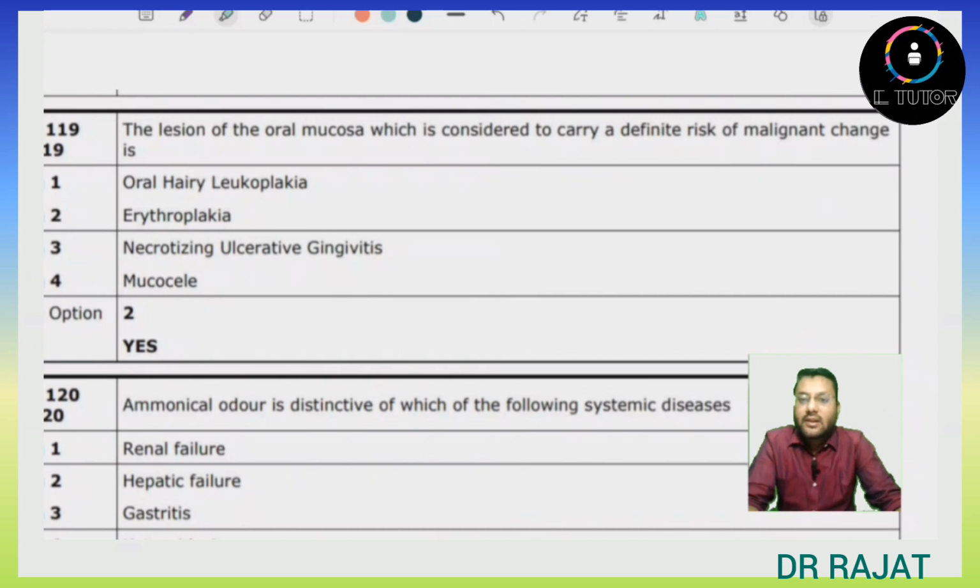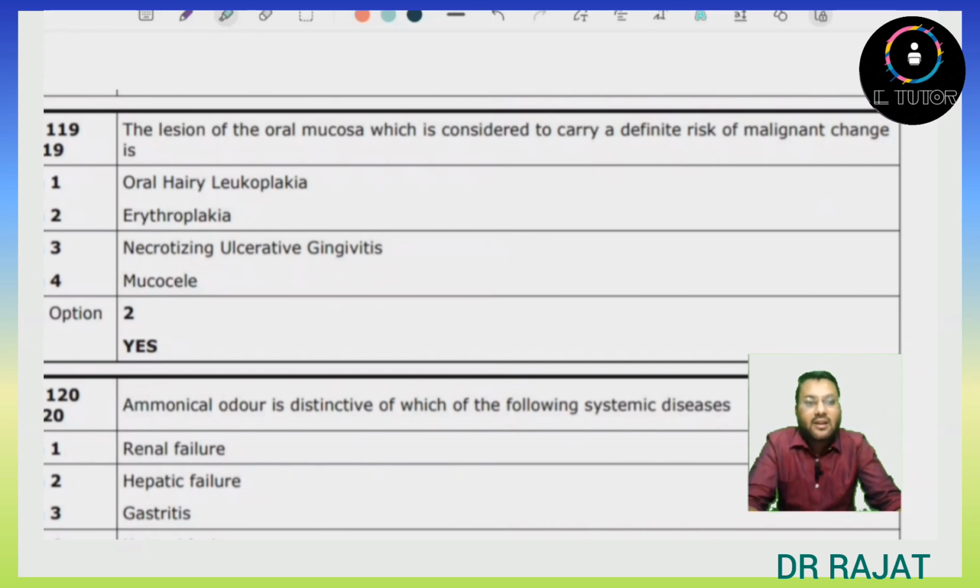Next question is the lesion of oral mucosa which is considered to carry a definite risk of malignant change. So oral hairy leukoplakia. Yes, this is a pre-malignant condition. Erythroplakia, this is also a pre-malignant condition. Necrotizing ulcerative gingivitis can also change into the malignancy, but mucocele generally do not change into malignancy. So among the option number 1, 2, 3, erythroplakia will have the highest risk.